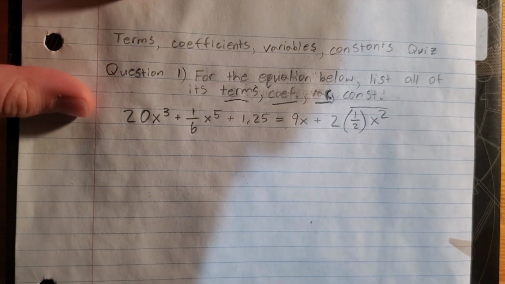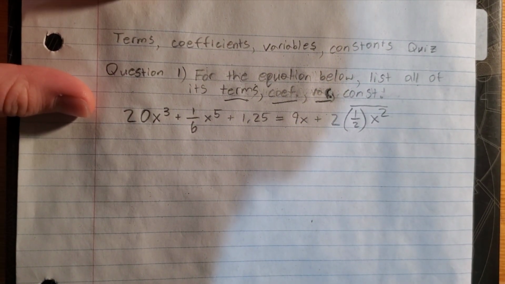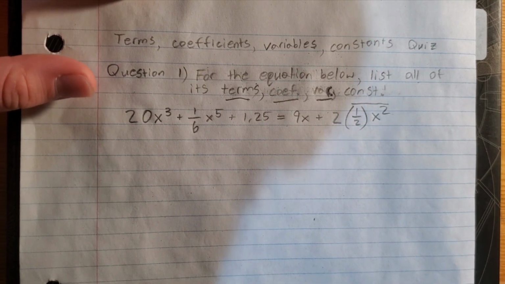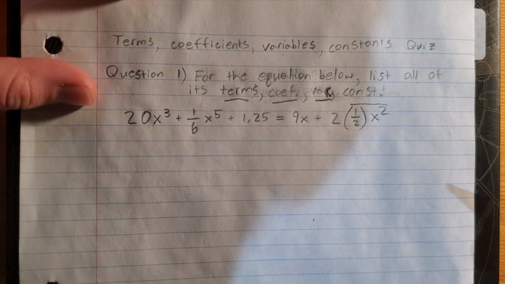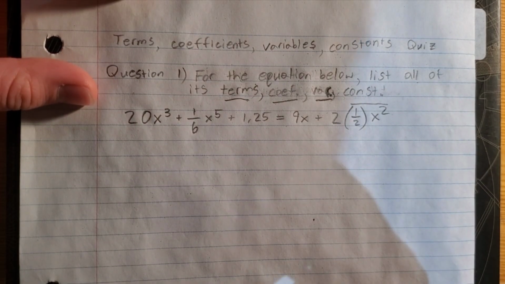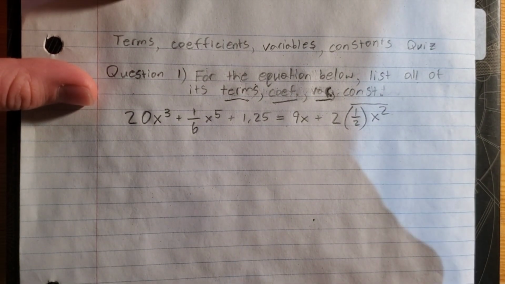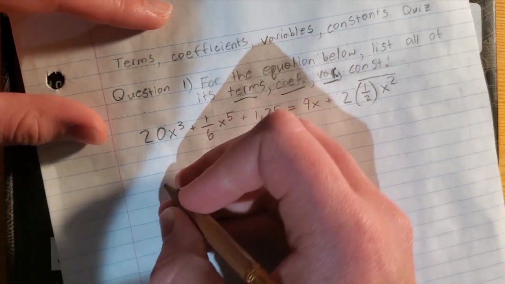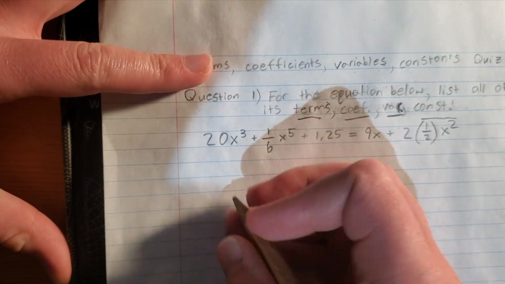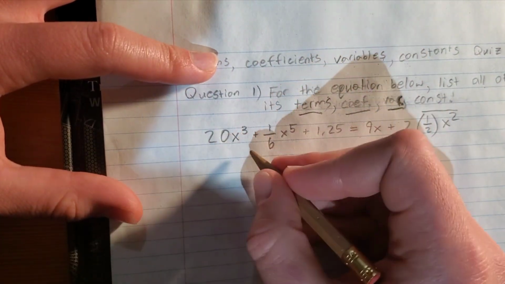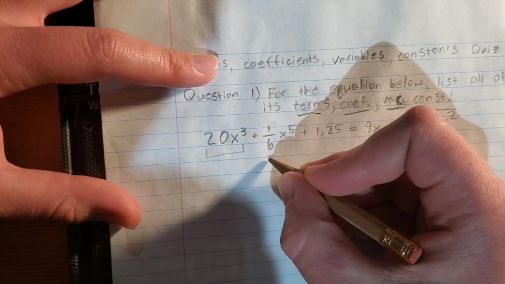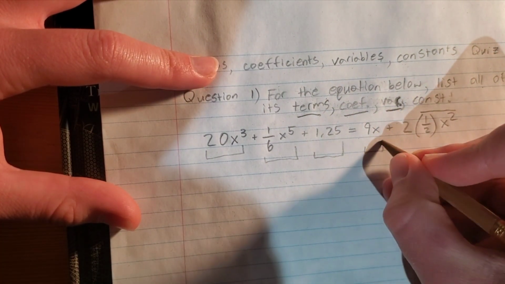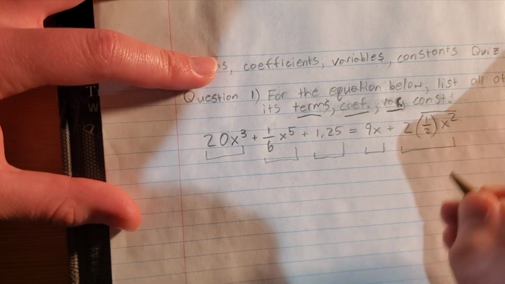Let's get started. Very first and easiest thing we can do is divide the equation up into terms. Now, as I explained in the previous video, terms are basically anything separated by any symbol. So this will be a term, this will be a term, this will be a term, this, and this right here, right?